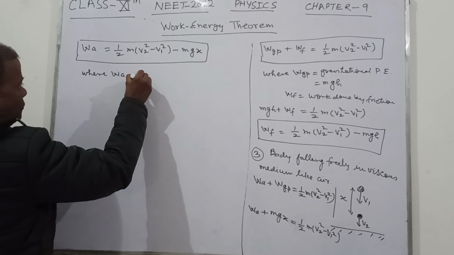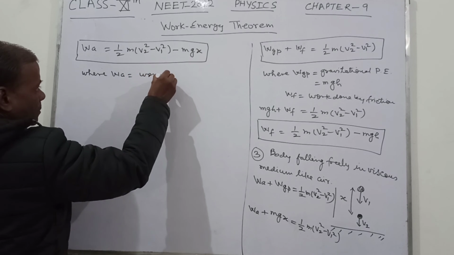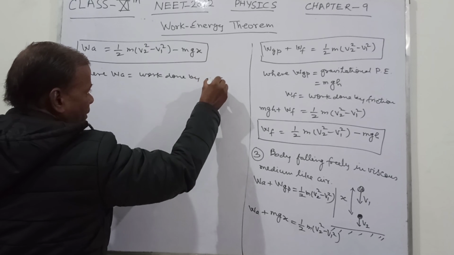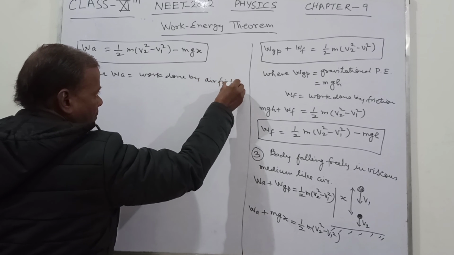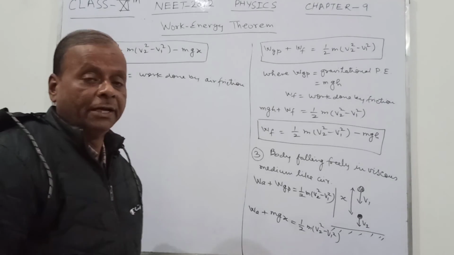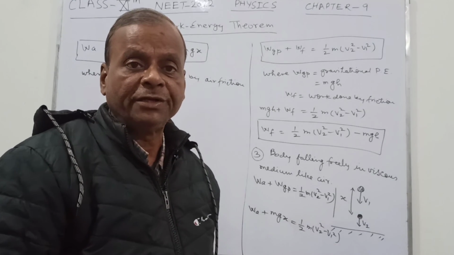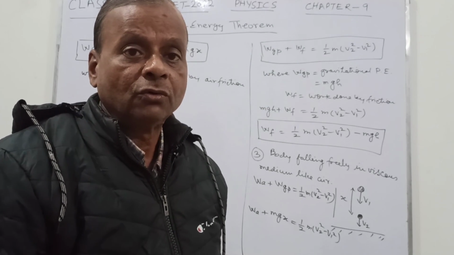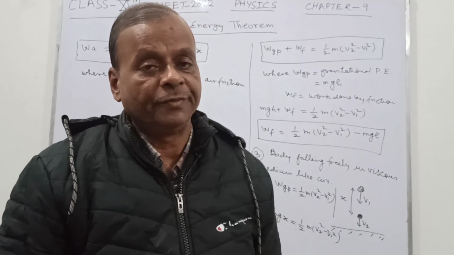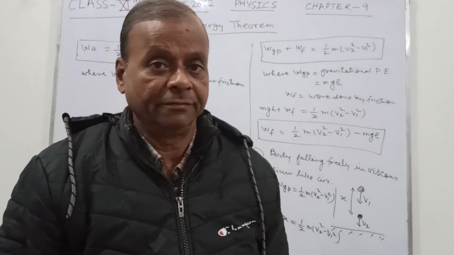WA is the work done by air friction. If you calculate it, it will come out to be negative. So the work done by all these dissipative forces is always a negative quantity.